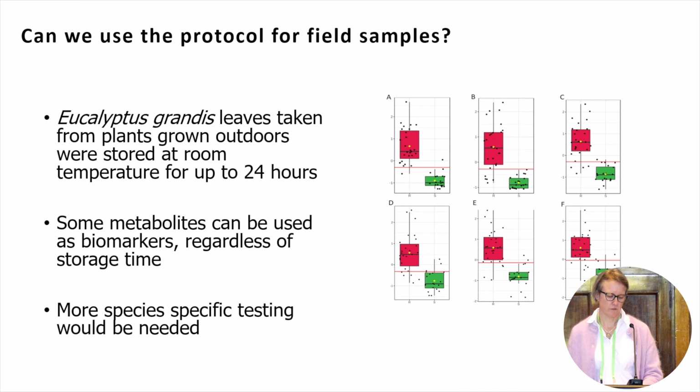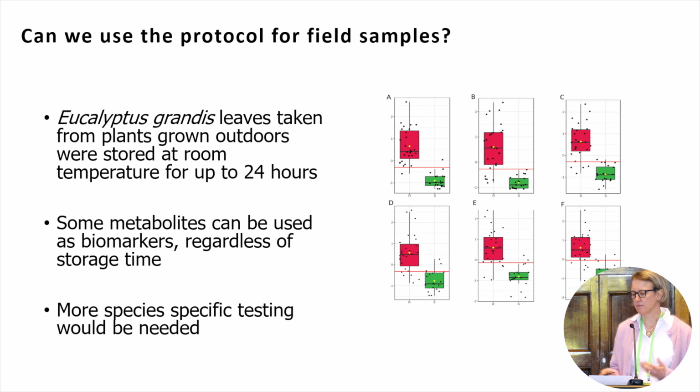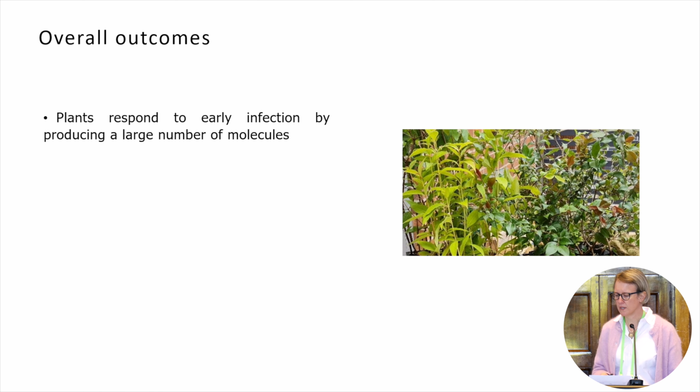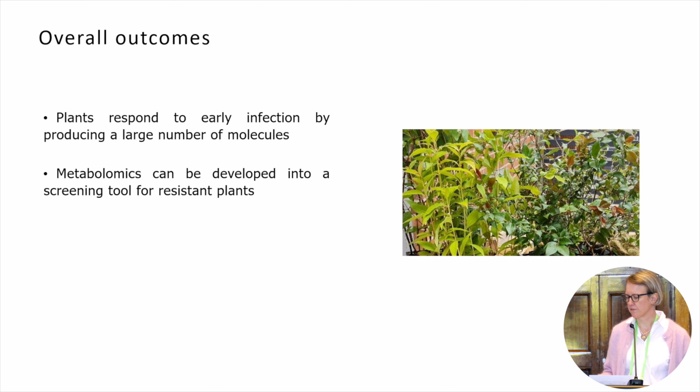But we would have to, as I said before, look at specific species and develop specific protocols. So overall, we identified that infection does trigger a metabolic response in the plants, and some of those molecules are phenotype specific.